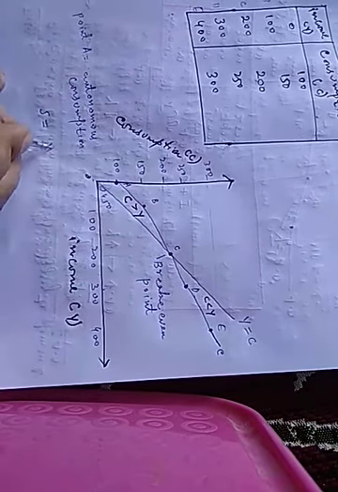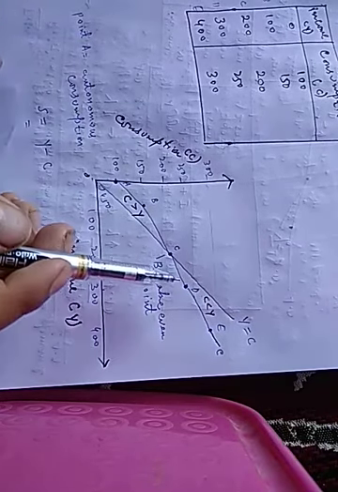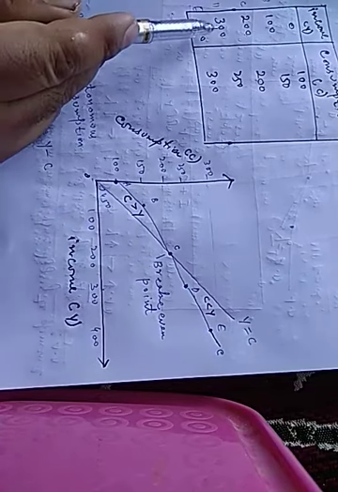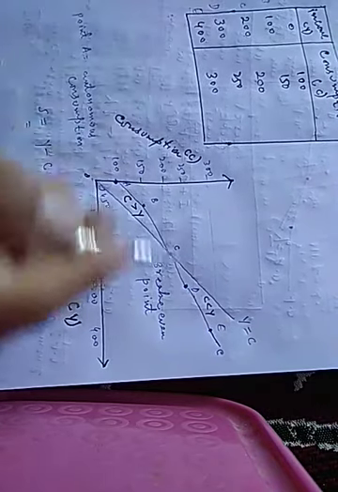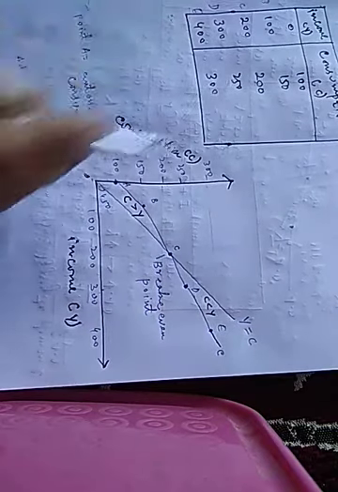And savings, as you know, is the difference between income and consumption. At point D, income is 300 and consumption is 250, and savings is equal to 50.